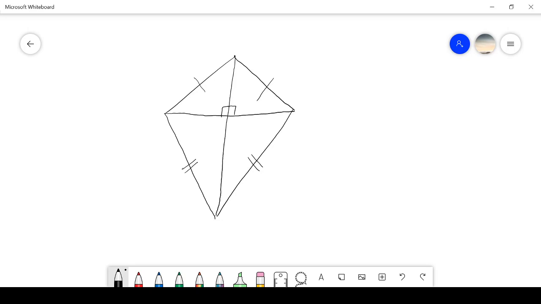Okay, so to begin this investigation, the first thing we're going to do is recognize this shape right here. Within my kite, I have a triangle. Specifically, it is an isosceles triangle. We know it's an isosceles triangle because two sides are equal.